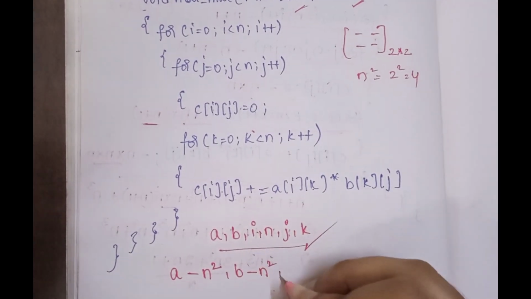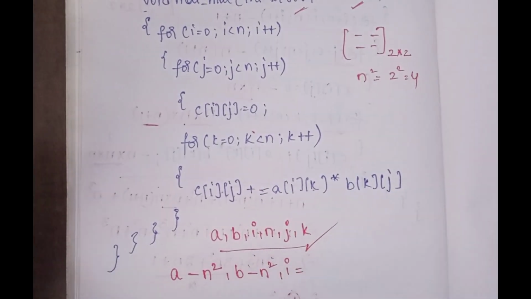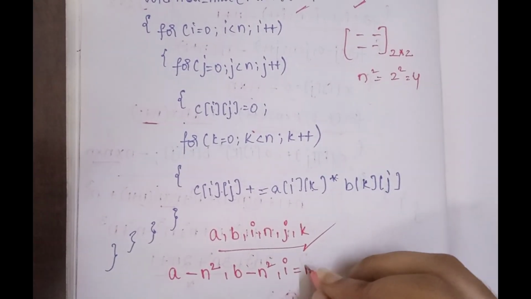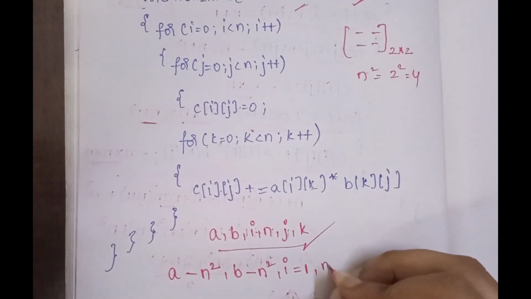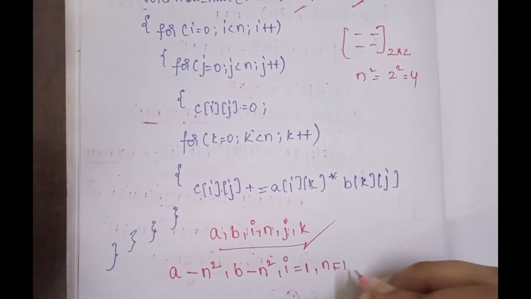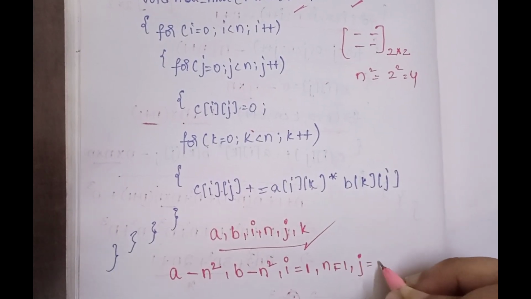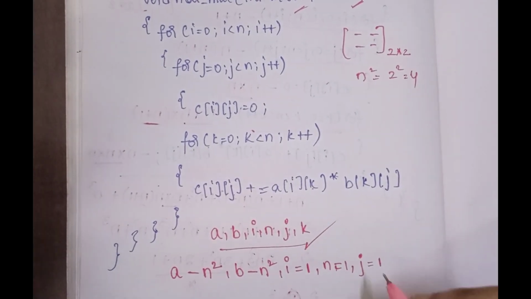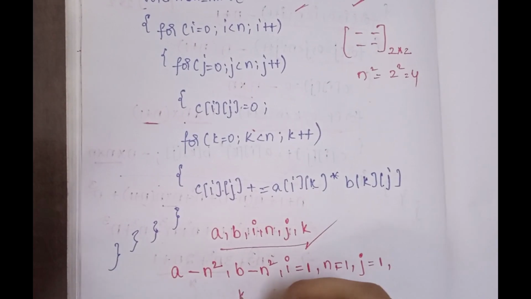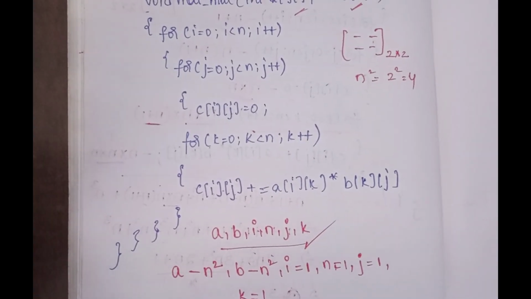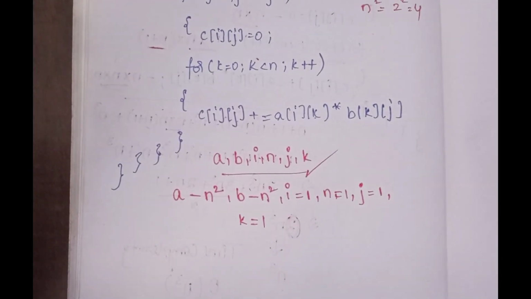Now for I value I can only assign one value కాబట్టి it takes one amount of space. Same with n, n కి కూడా నేను one value ని ఇవ్వగలను కాబట్టి one amount of space ని తీసుకుంటుంది. J కి కూడా నేను only one value ని assign చేస్తా కాబట్టి one amount of space. And K కి కూడా నేను only one value ని assign చేస్తాను because I'll assign only one value.